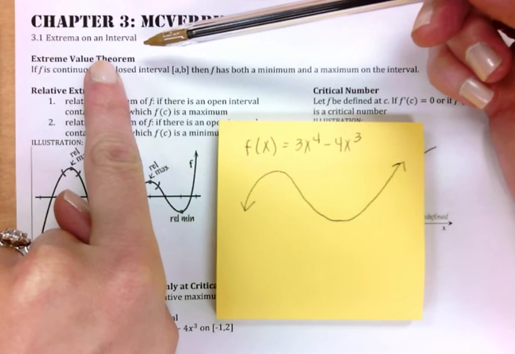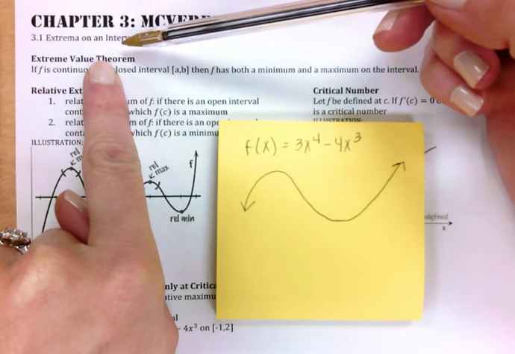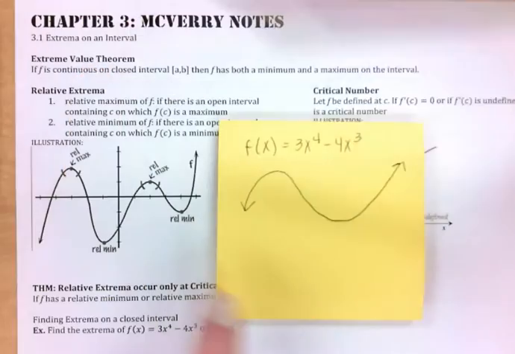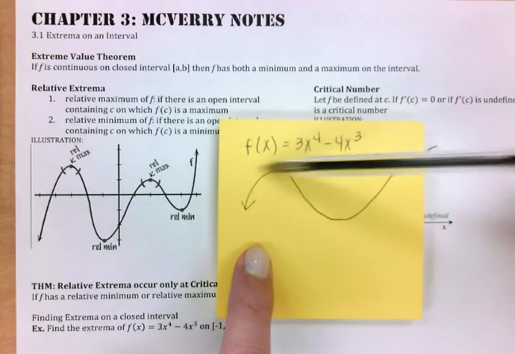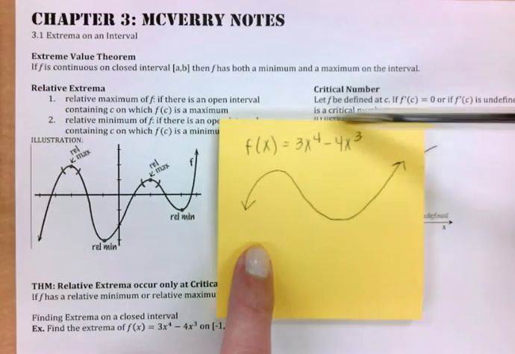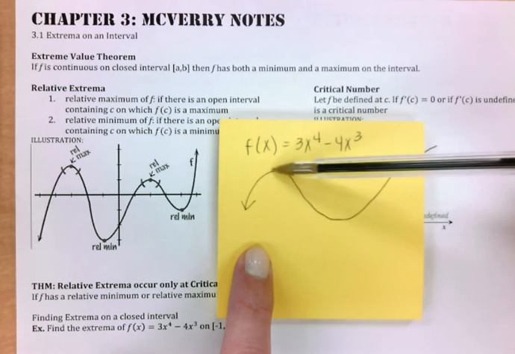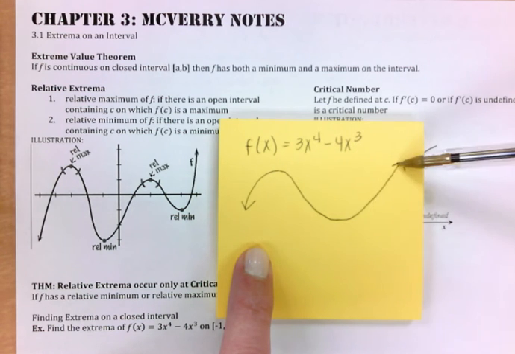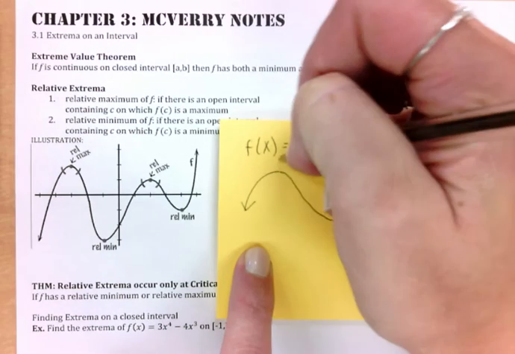And so extrema are talking about the maximums and the minimums on your graph. So if we are given just the function, can we figure out where it's turning up and then going down and going back up? So where are the min and the max located?